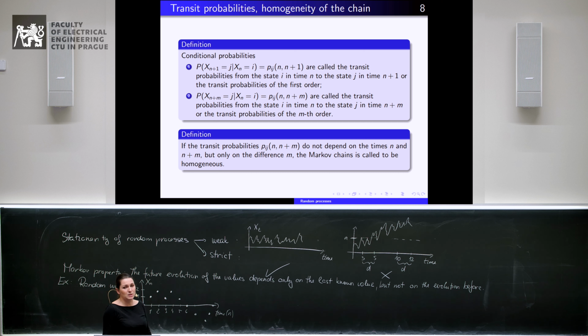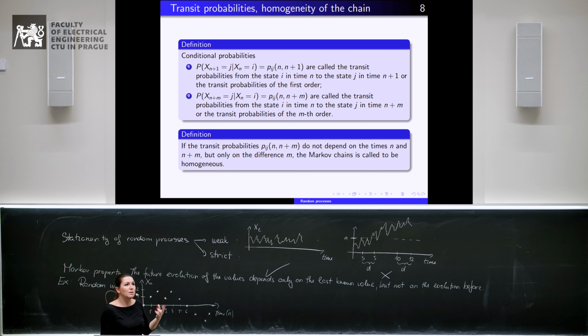But as I said, it depends on the difference of times. Because it's not necessary to calculate only the probability that in the next step we will be in the value j. We can be interested also in the probability of values j in 2 steps or 3 steps or more steps.